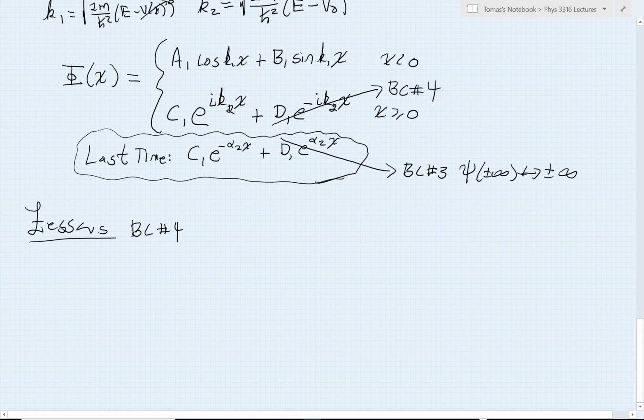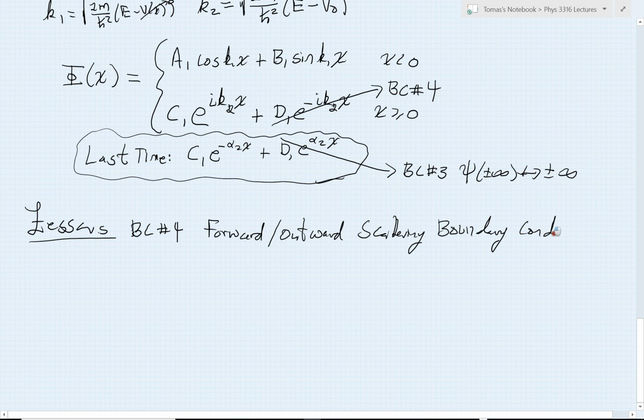Generically, these are called a certain type of scattering boundary condition. These are generally called the forward or sometimes the outward scattering boundary conditions.